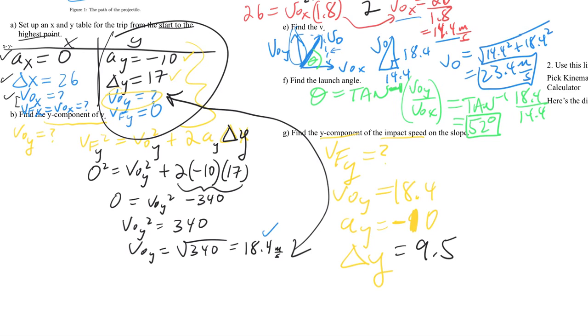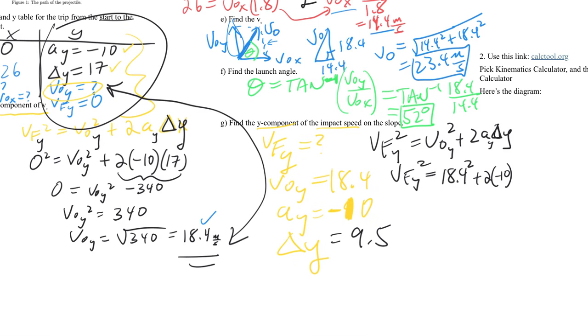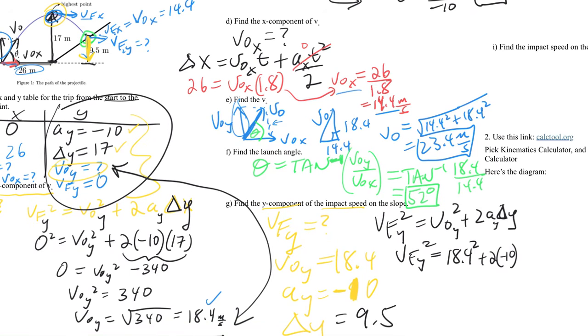So now I can do what equation? VF squared equals VO squared plus 2A times delta Y. These are all the Y ones. So VFY squared equals VOY squared, which is 18.4, as shown right there, plus 2 times negative 10 times delta Y, which is, like I said, 9.5 in the picture.